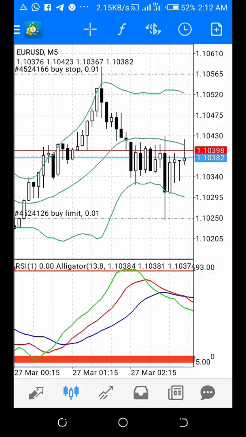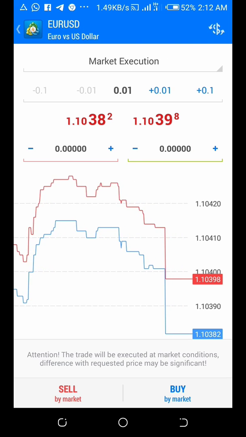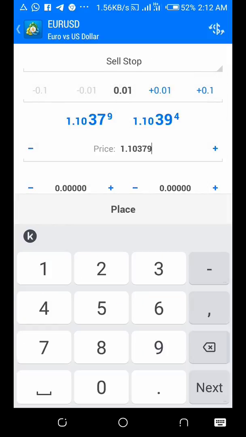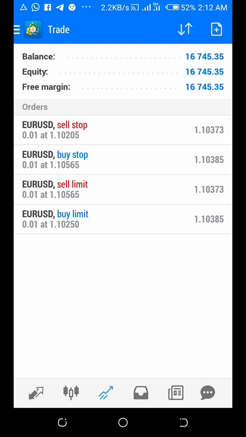So I use sell stop. I come here and click on sell stop at 1.10205. I place my trade. So these are the functions of these pending orders.